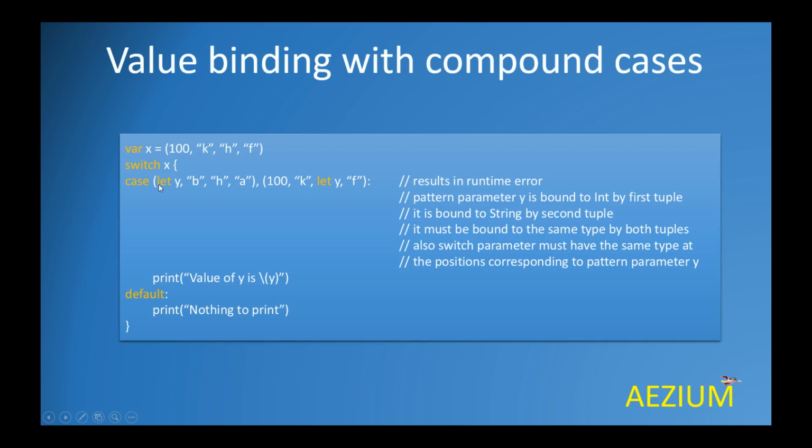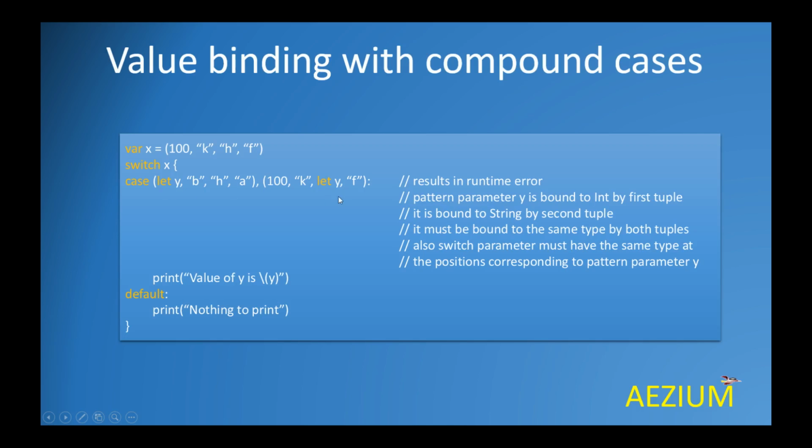In other words, it cannot come out from this position with one type and come out from this second position with a different type. So in order to prevent that, Swift will generate a runtime error if these two types are different.